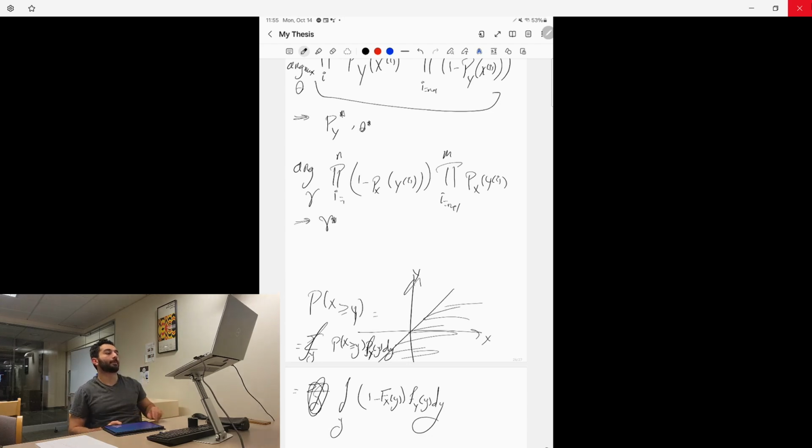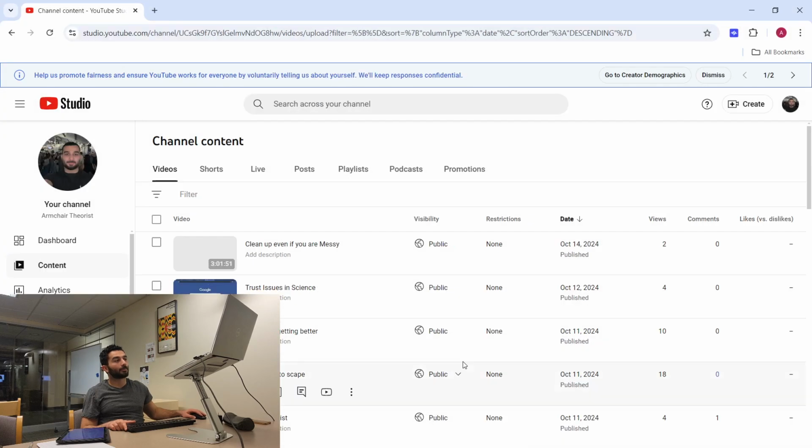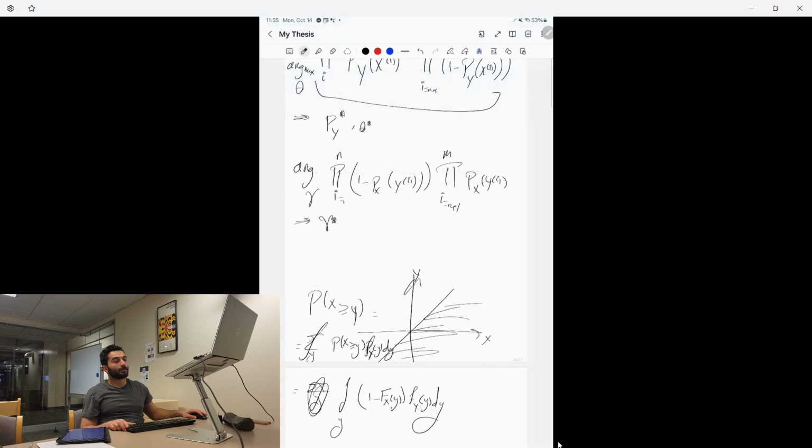Let me ask ChatGPT. If there is no parameter, how can we do that? Clean up even if you are missing. Okay.